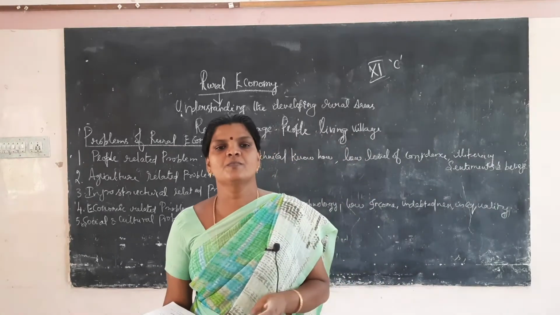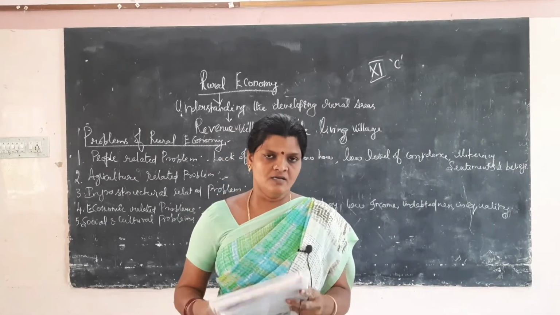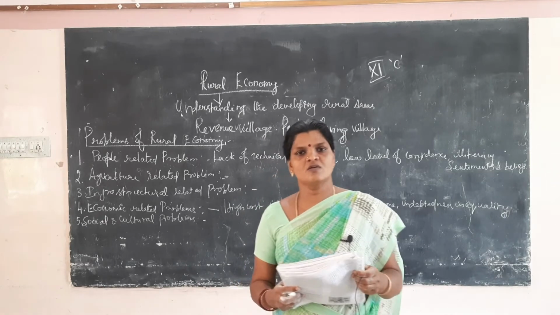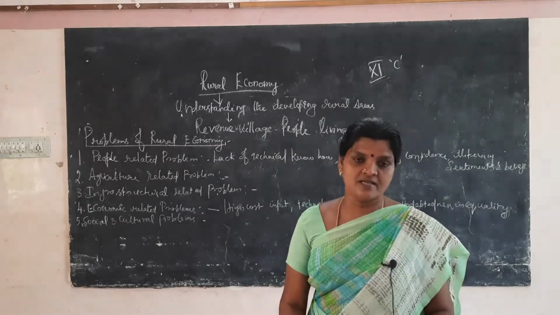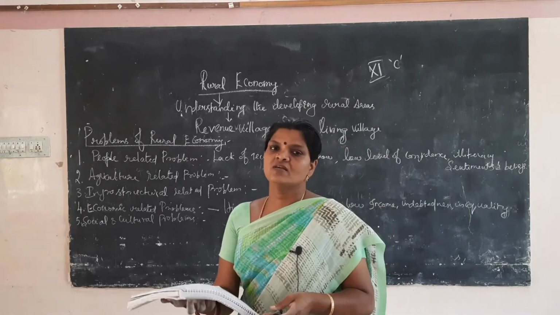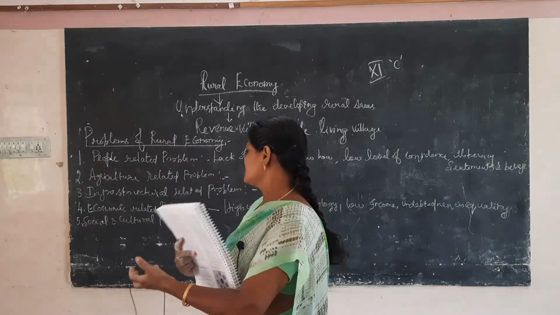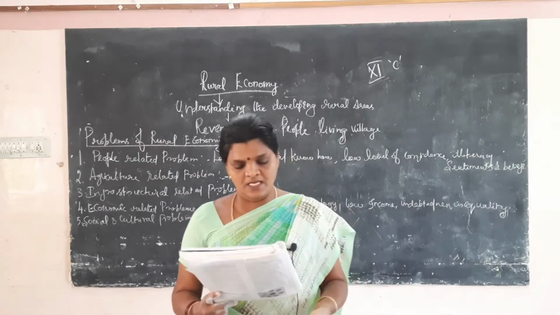Then the lower economic people are always working for daily wages. Then marriages, child marriages, and many more can be seen in Indian villages. These are the social and cultural problems they are facing day to day in the rural areas.